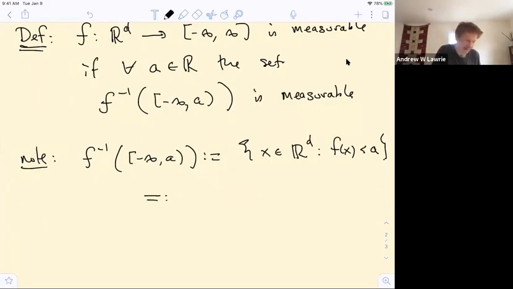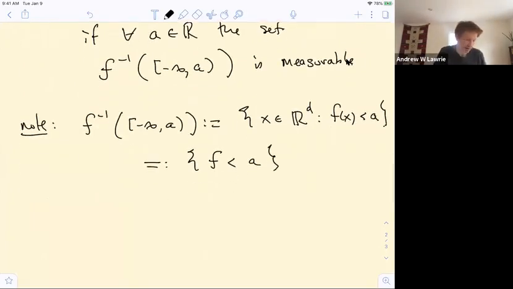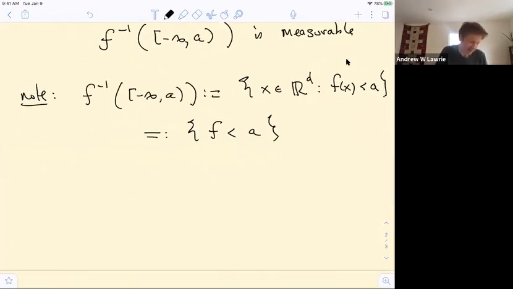We'll simply write the set {f < a}. So it's the set of all vectors in R^d such that f of x is strictly less than a, where a is just some given real number. And we need all of these preimages to be measurable. This is the definition of a measurable function, and we'll flesh this out a bit. So, equivalent definitions.